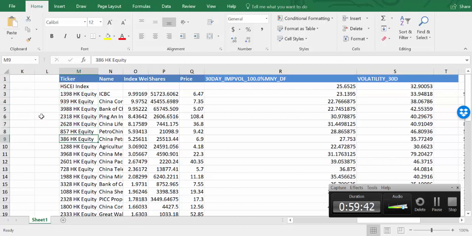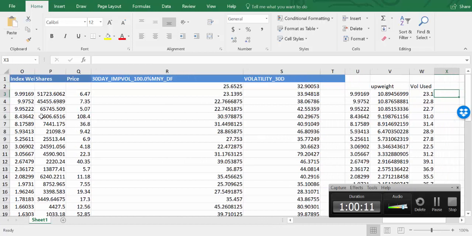So here is the HSCEI, and they give you the index weights, and then don't worry about the number of shares, price, the 30-day implied vol, and then the historical 30-day vol, and then what is the weight of that index, and then what is the volatility that you can use.